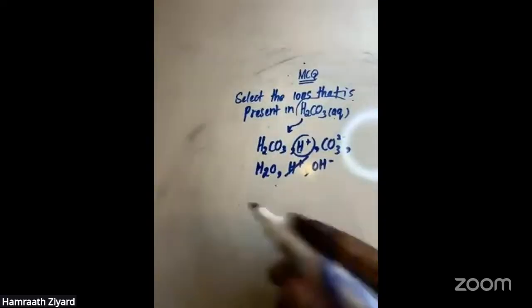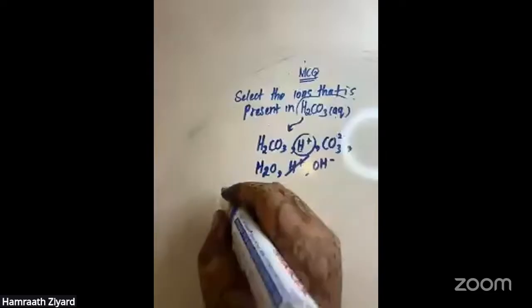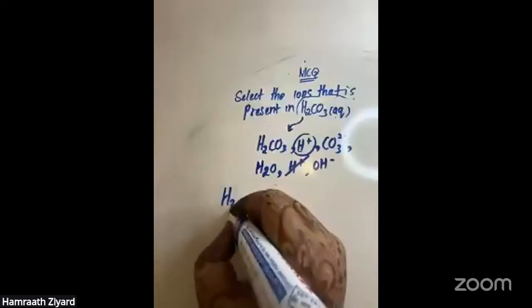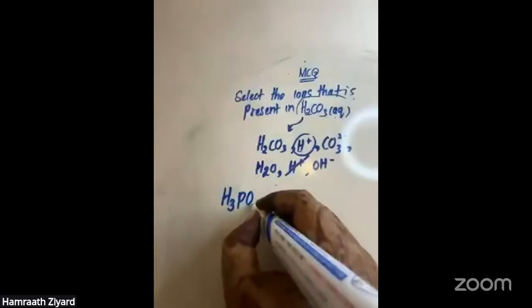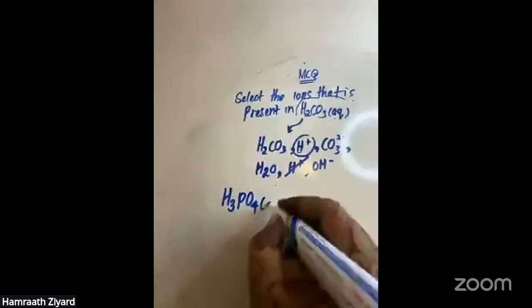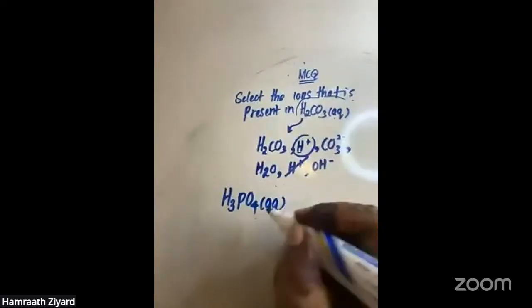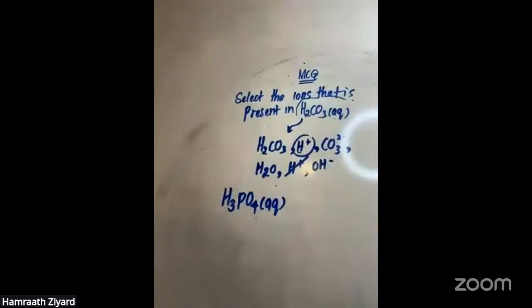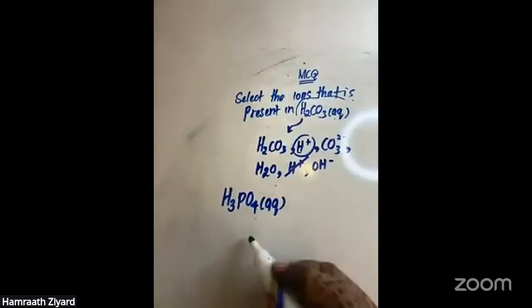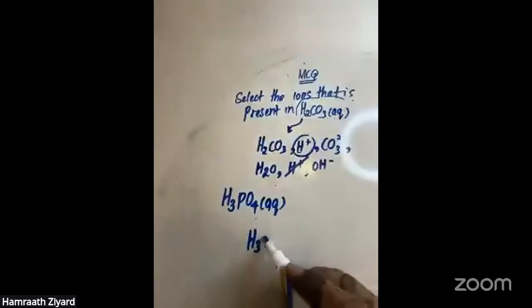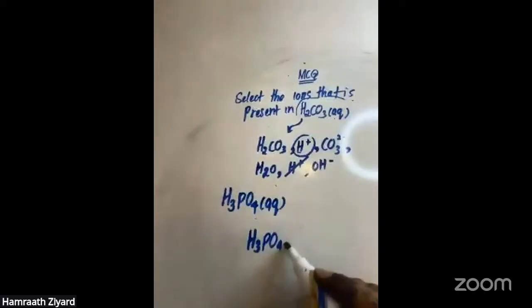So finally, let's go with the phosphoric acid, H3PO4, and it is aqueous medium. Can you tell me what compounds and what ions are present in this phosphoric acid aqueous medium? Simple. You can write that phosphoric acid will be there.